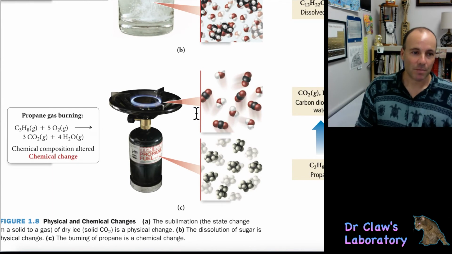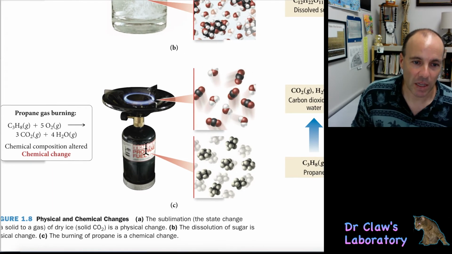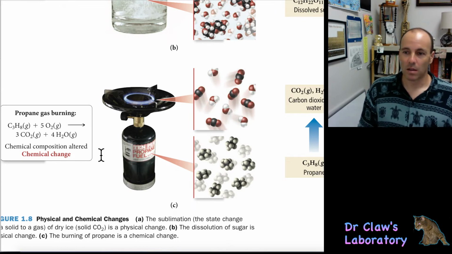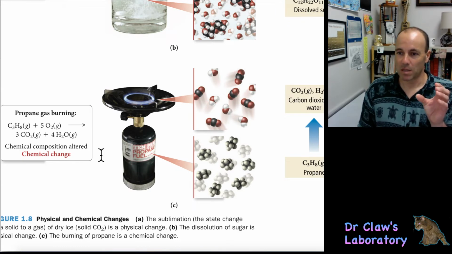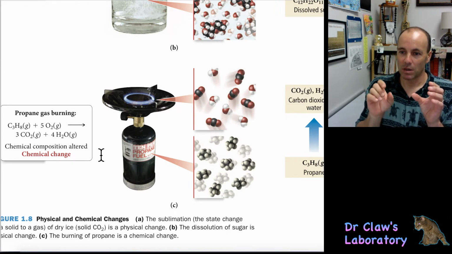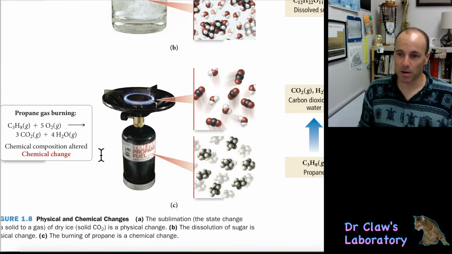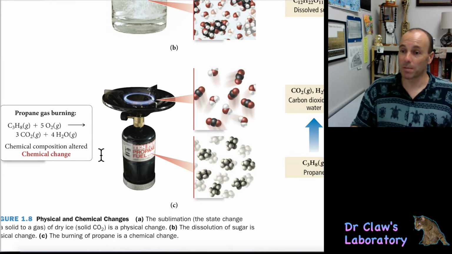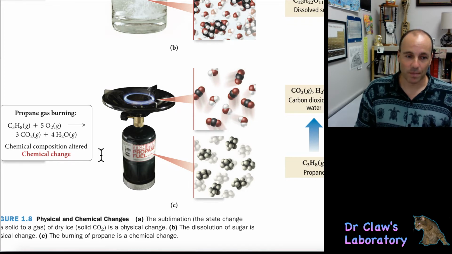Now how about this? Propane gas. You take some propane and you burn it. That means you have your propane and it mixes with the oxygen, and when you make a spark, boom, it sets on fire, and you end up with something else. It actually turns into carbon dioxide and water.